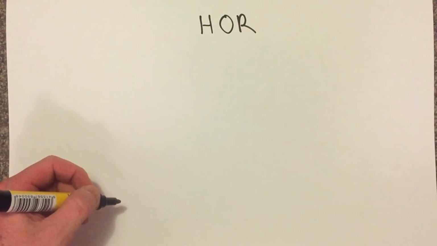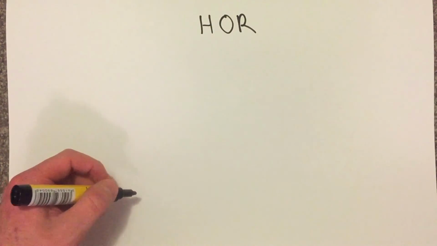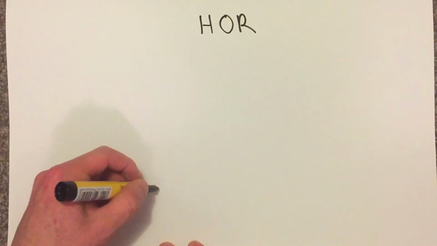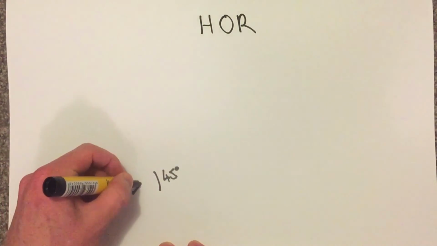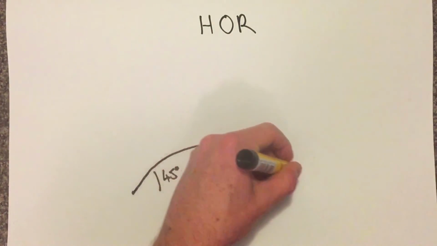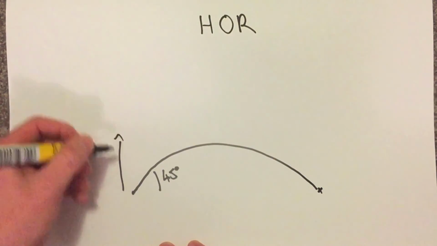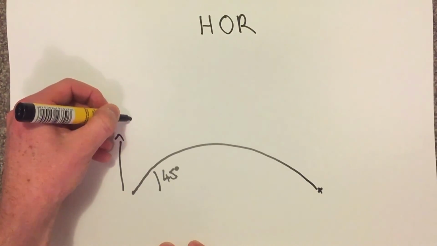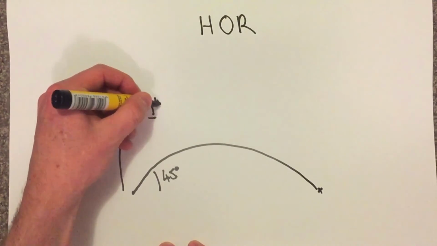And finally, visualizing height of release. We're going to keep the speed of release and the angle of release the same. We're going to start from this point here, 45-degree angle of release. We can see the trajectory will look something like this for a given speed. Now we're going to increase the height of release. We're going to put the point of release here. We're going to keep that angle the same, 45 degrees.